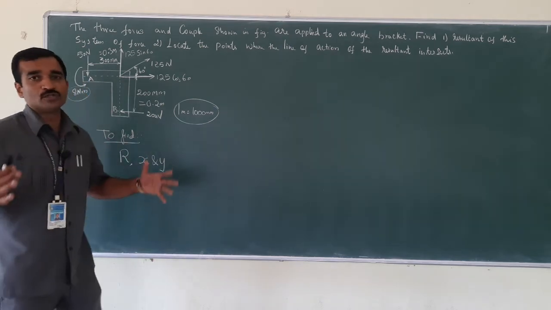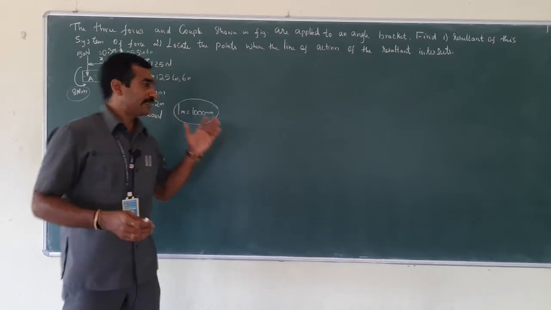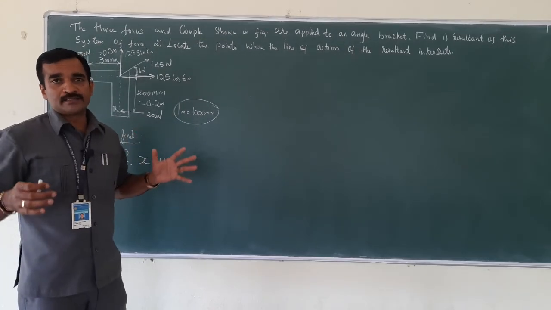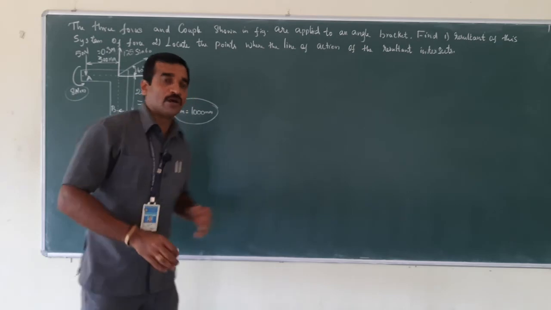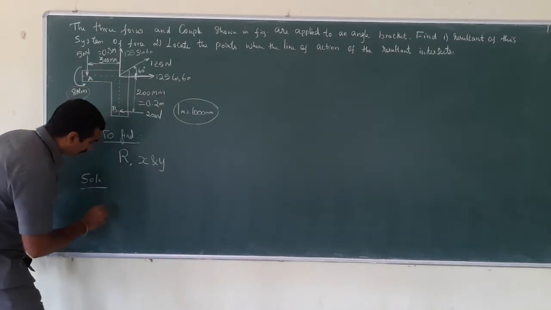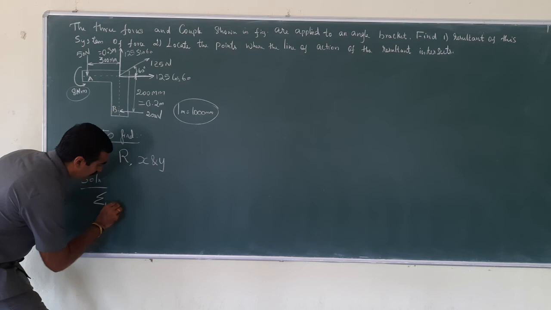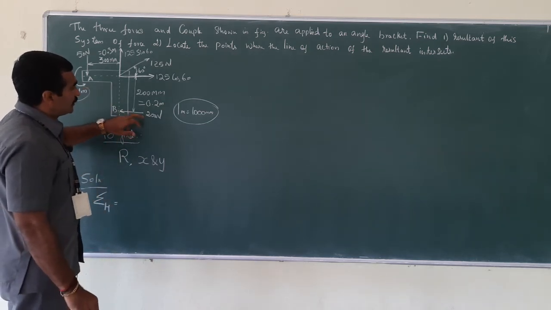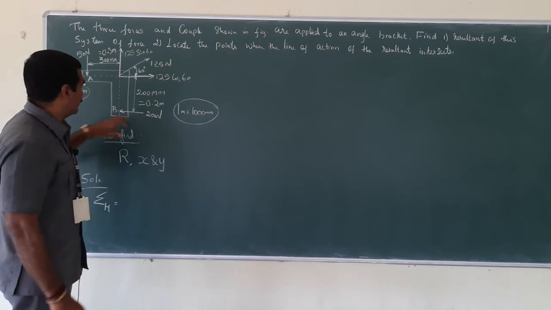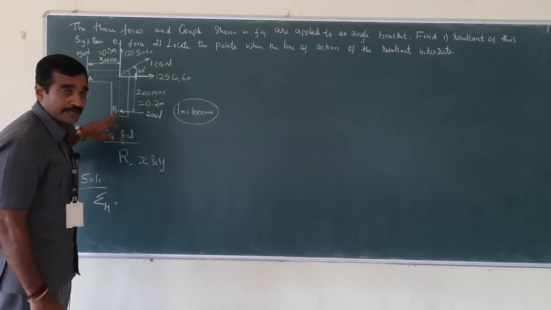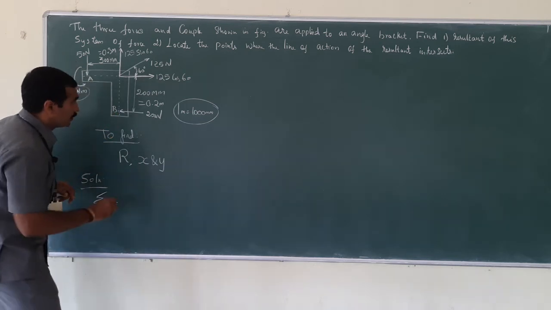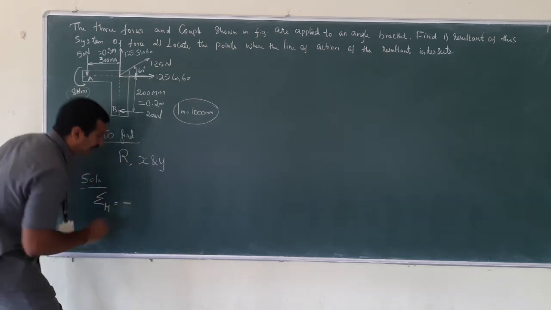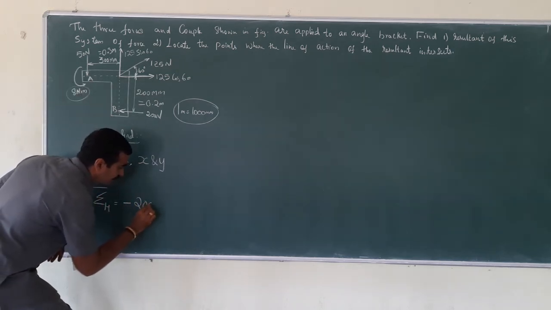Solution. First, what you have to find out here. The inclined force is acting here, therefore we will have to resolve the horizontal components and vertical components separately. Sum of horizontal forces equals, how many horizontal forces are there? Look at here, a force which is acting 200 Newton at point B. It is pointing in the minus x direction, so it carries a negative sign, 200.